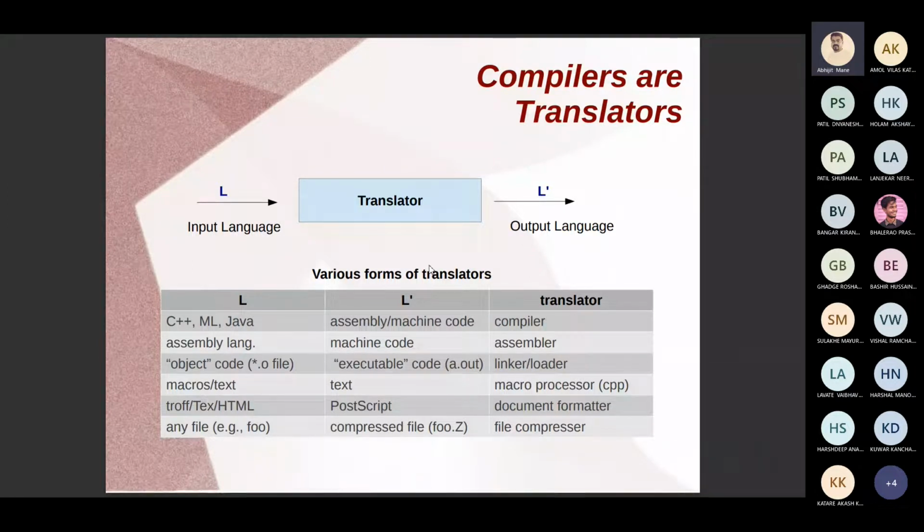This object file is converted into the executable a.out, and that translation happens through the linker or loader. Then for macros, text is the final output, using the macro preprocessor or CPP, which you already know replaces the macros. There are many more examples in your machines, like gzip, the conversion of one form to another.